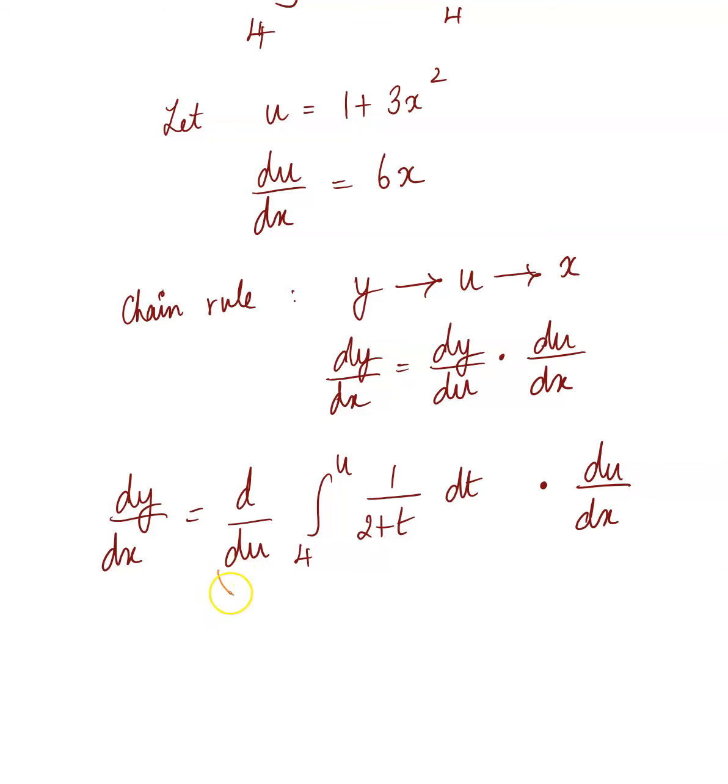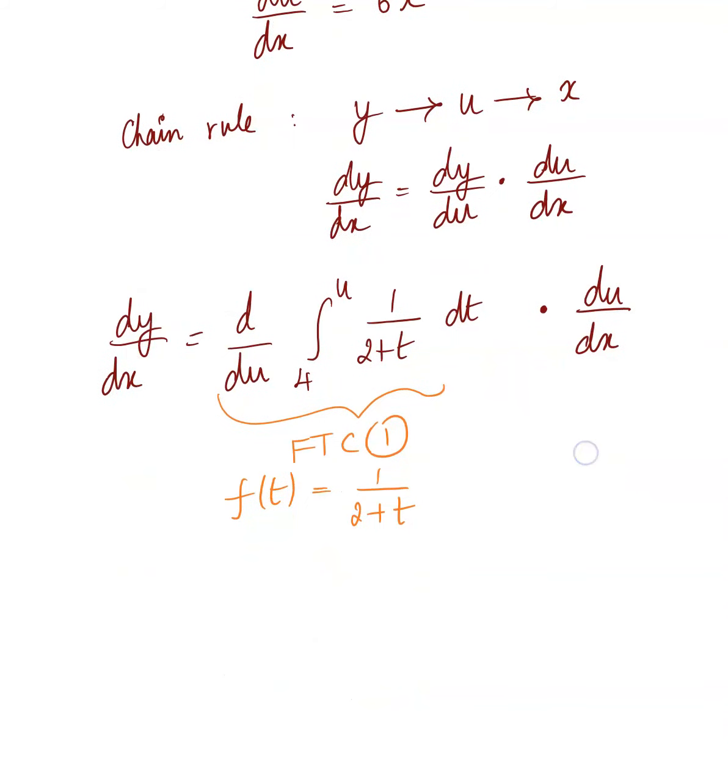And this whole thing is Fundamental Theorem of Calculus Part 1, and f of t is 1 over 2 plus t from there. Therefore, the Fundamental Theorem of Calculus tells us that this will return f of u, and then you have the du over dx.